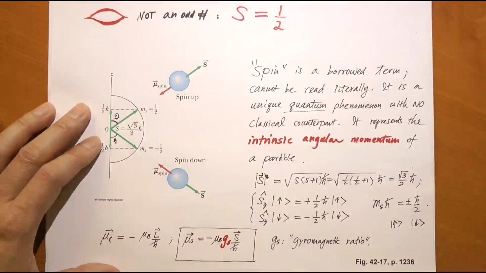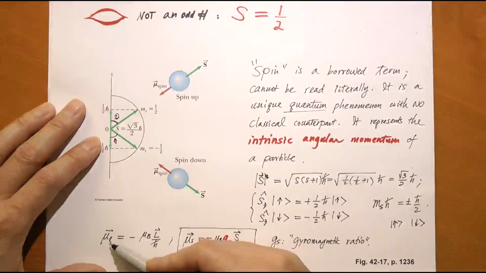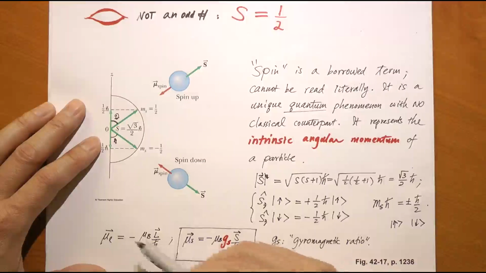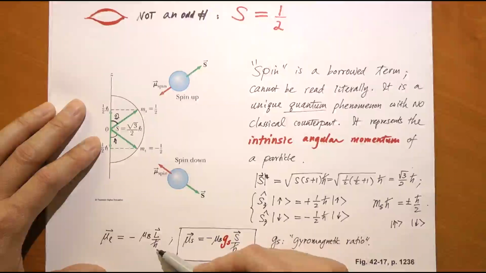Just like that, there was a relationship between the orbital angular momentum and the corresponding magnetic dipole moment. I have here a relationship between the spin angular momentum and the corresponding spin magnetic dipole moment. In the past, when we derived mu L equals negative mu B L over h bar, mu B was the Bohr magneton.